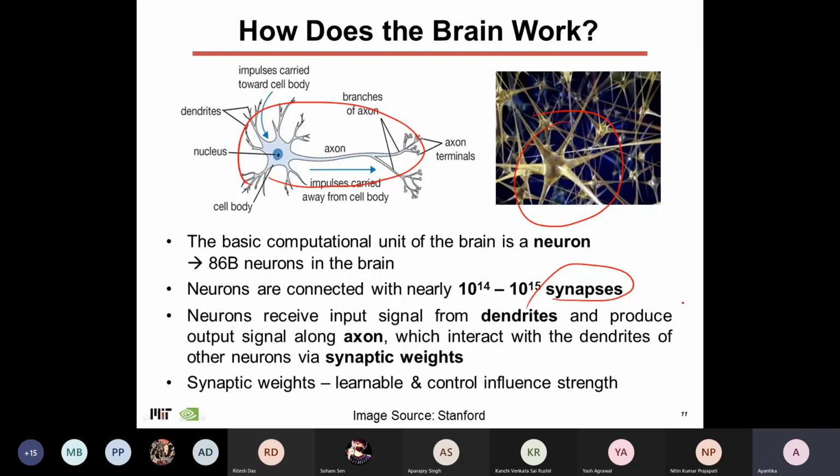How a signal coming from one neuron to the other influences your activities is not always the same. Some inputs give some output, and based on some other input, you act differently.